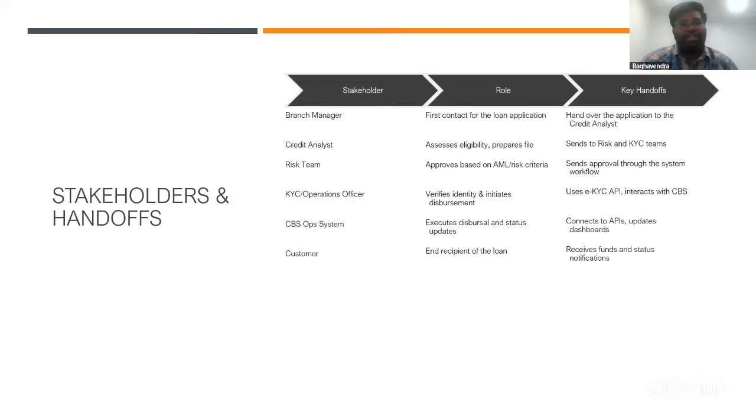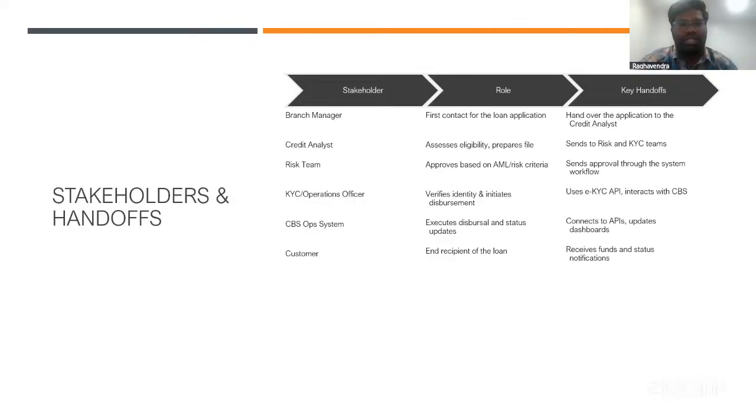Let me explain the roles and the key handoffs. In the existing system, the bank manager is the first point of contact for the loan application, but in the proposed solution, we will be directly interacting with the credit team.